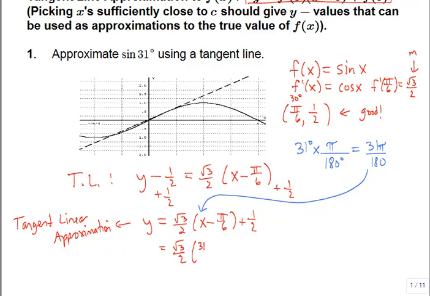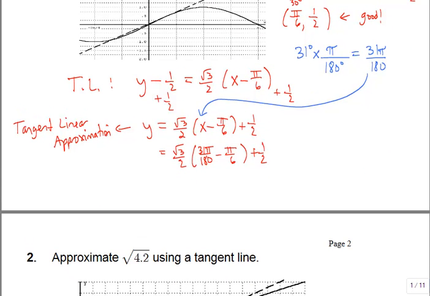So let's plug it in. If I get a common denominator in the parentheses there, pi over 6, let me go ahead and erase this, would be, if I multiplied the top and the bottom by 30, this would be 30 pi over 180. 30 over 180 is 1/6.